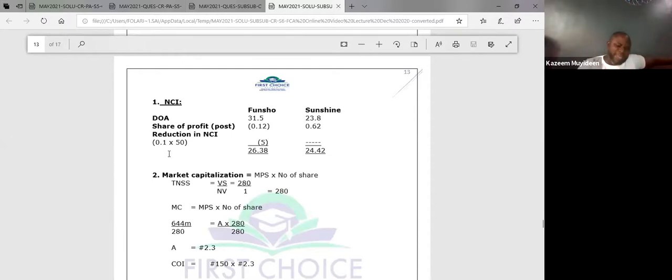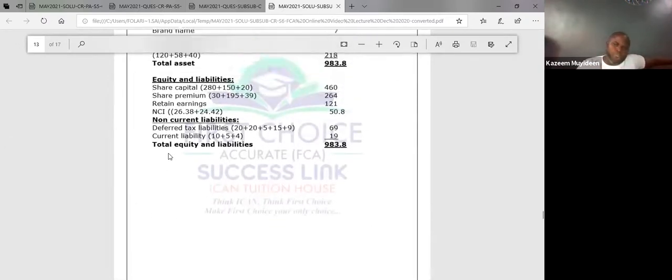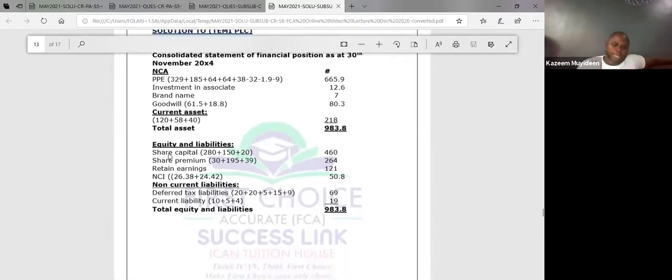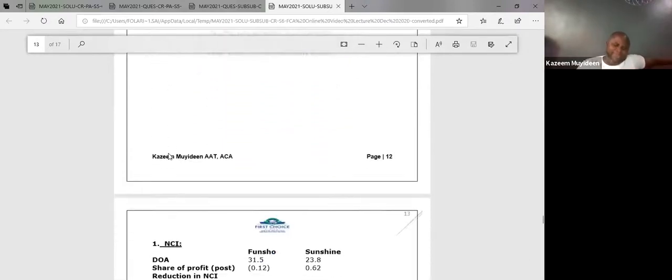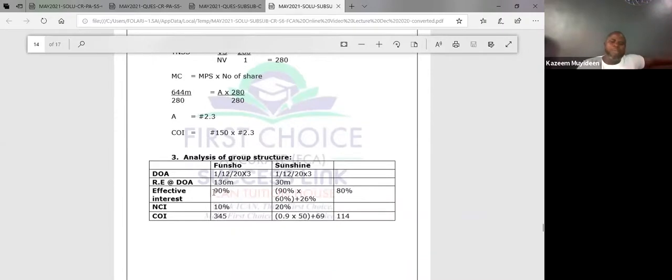Reduction in NCI. How do I come about the reduction? Any percentage you use, look at the question. He used 90% of 50. The remaining, if it is 70, I reduce NCI by 30. 10% reduction in NCI.